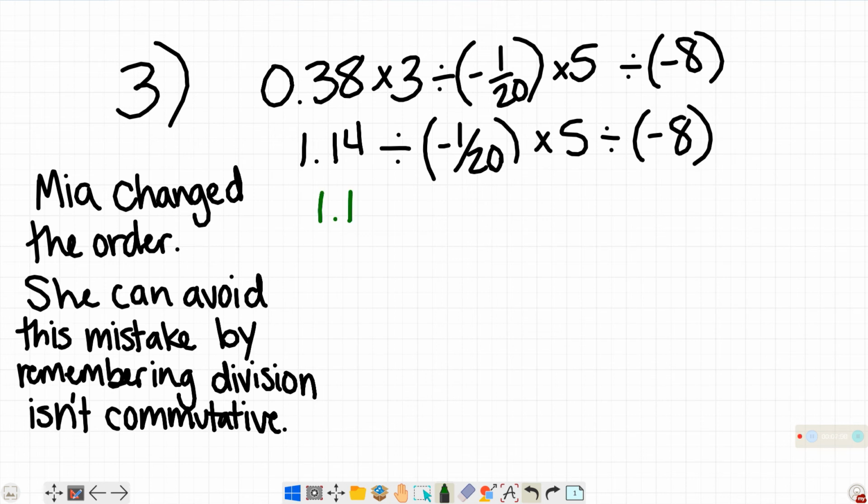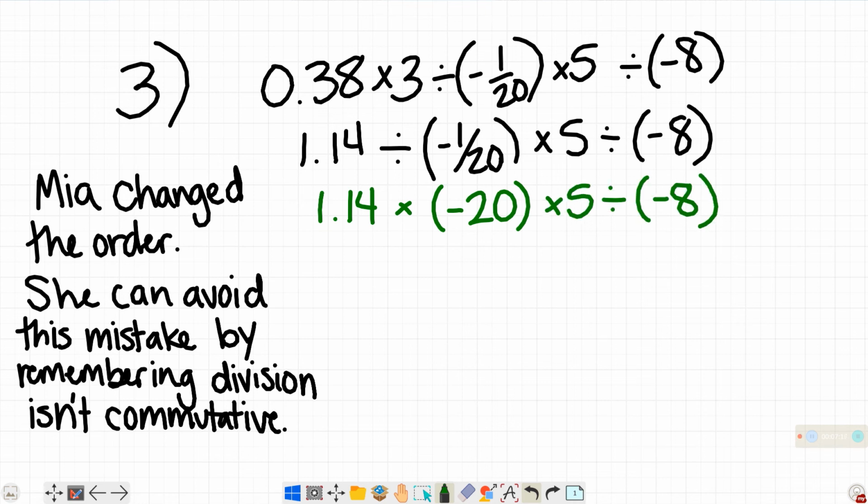We have 1.14, and if you are dividing by a fraction, you can change it to multiplication by flipping it over. So this becomes negative 20 over 1, but that's just a whole number. And then we have times 5 and divided by negative 8 at the end.